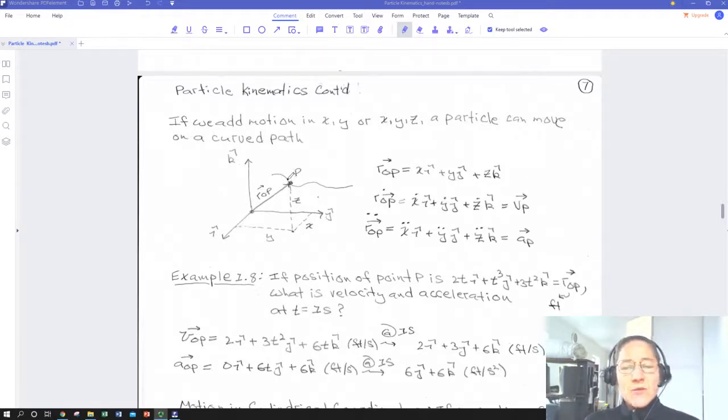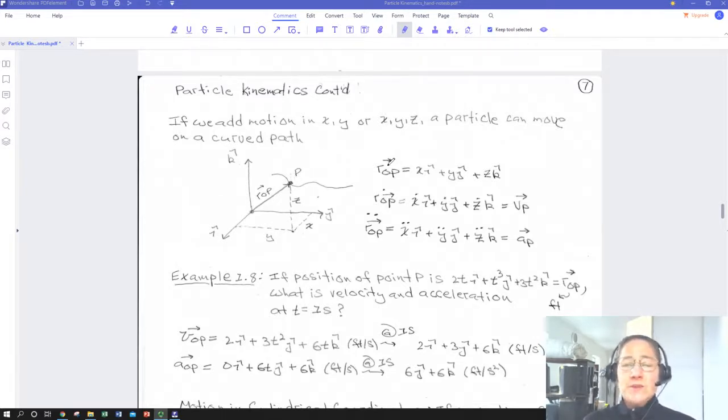So say rather than having a single direction that P is moving in, its distance from a reference point in a given frame of reference is effectively its r from the origin to wherever its position is. So let's let it move in the x, y, and z directions simultaneously, but we're going to continue to reference its direction of motion, its position, velocity, and acceleration to the origin with respect to i hat, j hat, k hat.